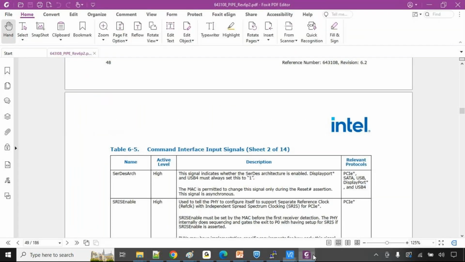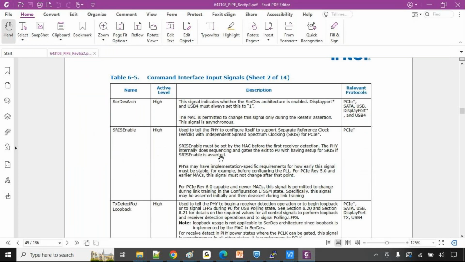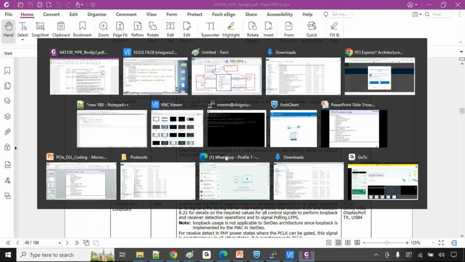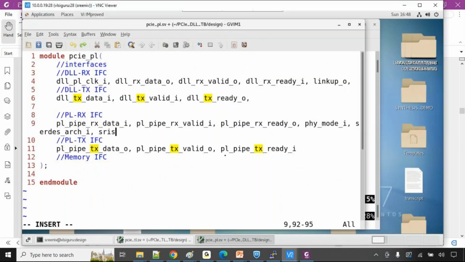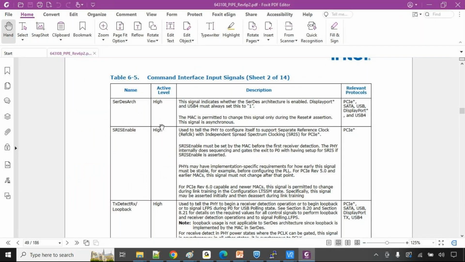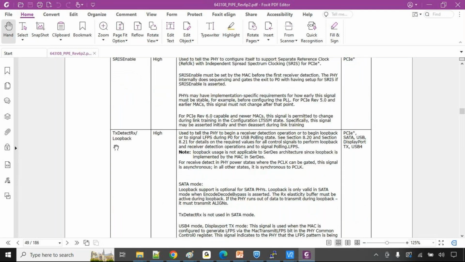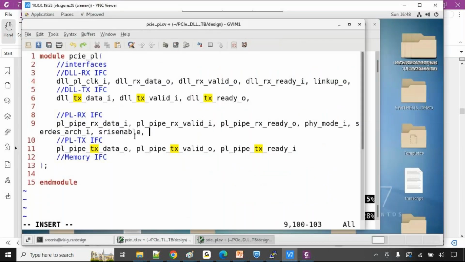Next, SRIS enable. What is the direction, I don't know right now. We'll check that because they should have given the direction also. They haven't specified the direction, so we need to read this and figure out the direction of each of them. TX detect RX. It's an output of the design basically.